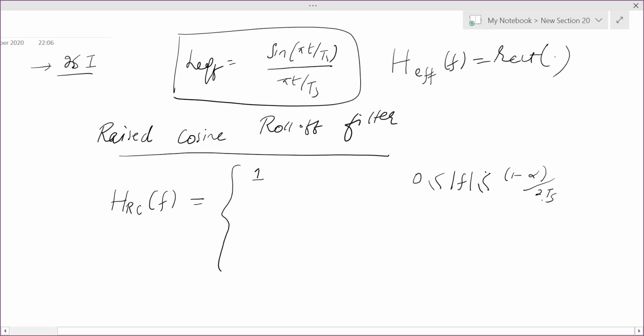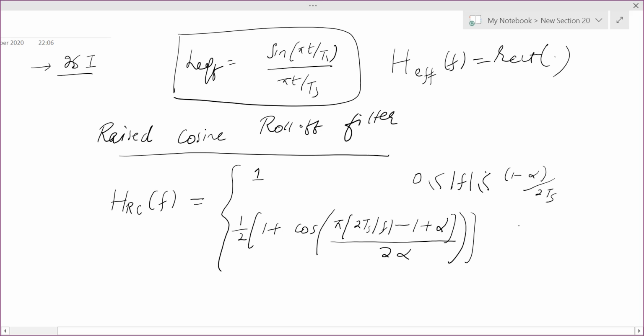For this range of frequencies, the filter response is 1, and then the filter response has a cosine flavor: 1 plus cos of pi times (2Ts mod of f minus 1 plus alpha), divided by 2 alpha.